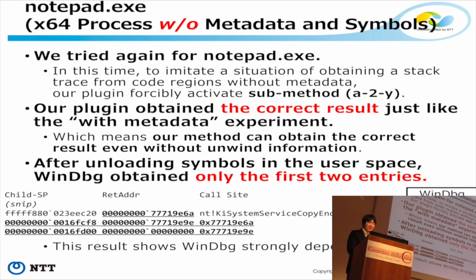In another experiment, we tried again for notepad. This time, to imitate a situation of obtaining stack traces from code regions without metadata, our plugin forcibly activates sub-method B. This executes flow-based verification.